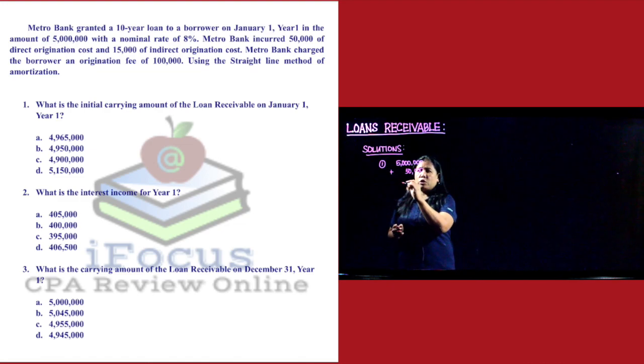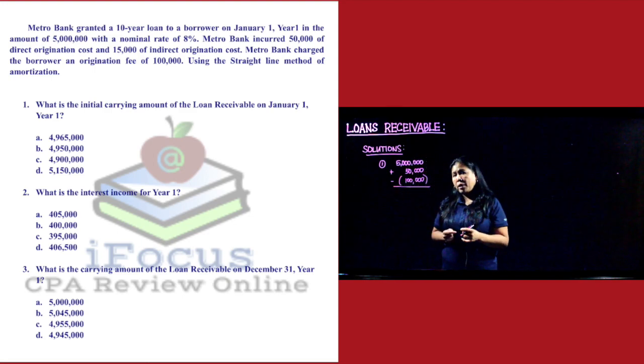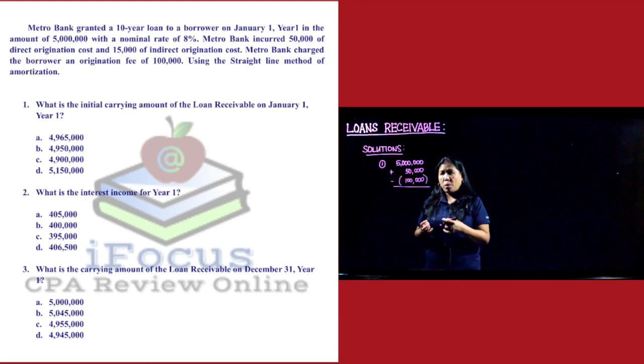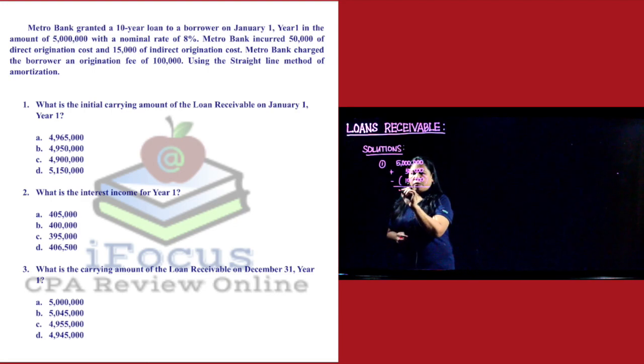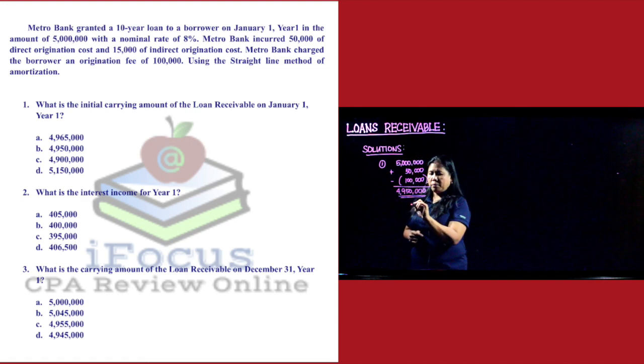So we are going to minus this 100,000. Then we will come out with our initial carrying amount of our loans receivable for requirement number one, which is 4,950,000. And our answer will be letter B.